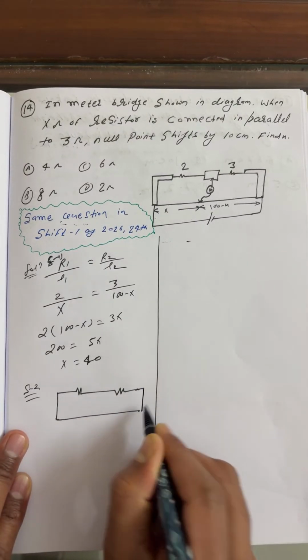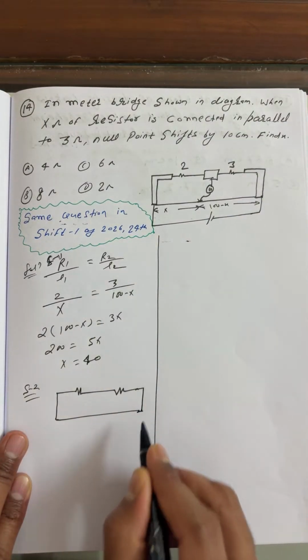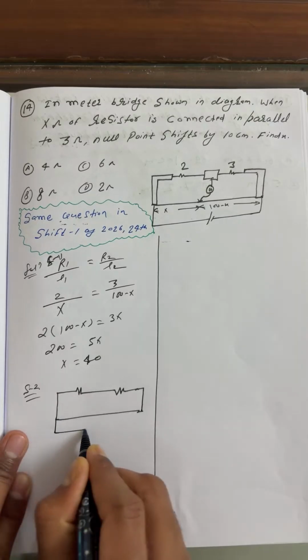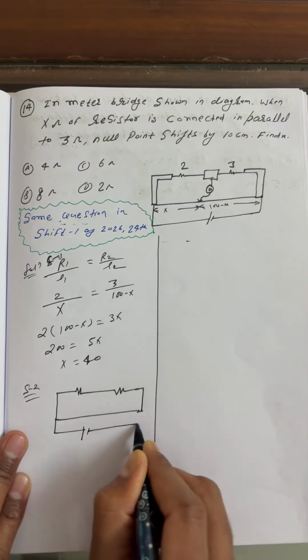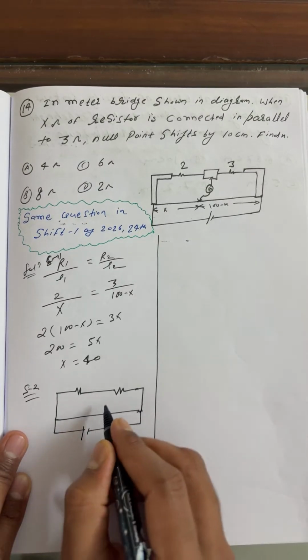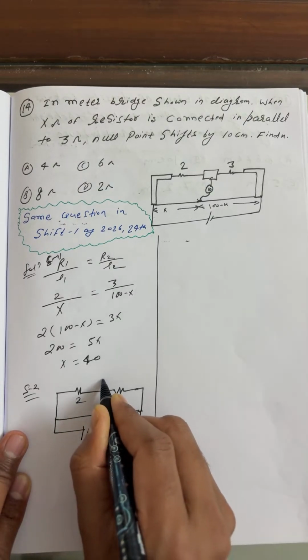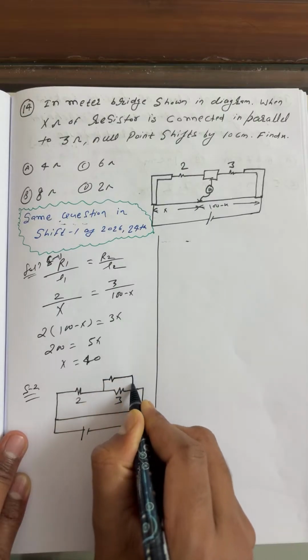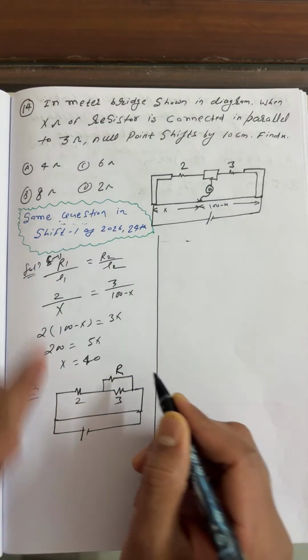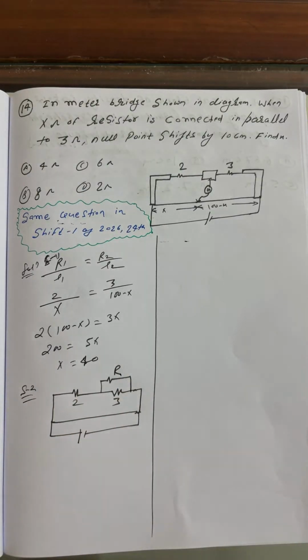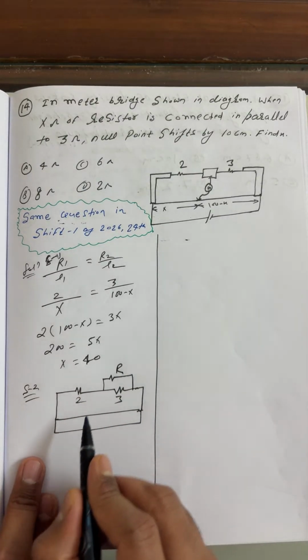I'm making a normal diagram, not exactly the same, just for understanding, as a rough diagram. This is the battery. What's in the question? Along with this 3, I'm connecting another unknown resistor in parallel. Let us suppose this is R. They mention X ohm, but I'm considering R. The rest remains the same.